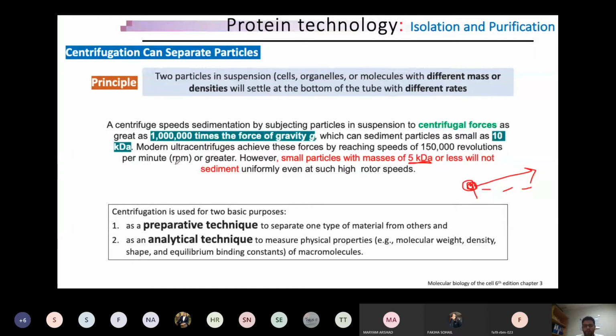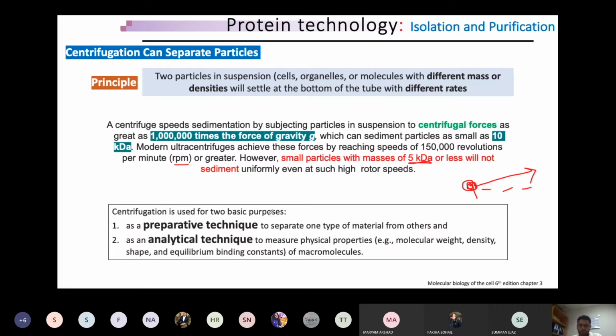These are called RPM. So this is huge, 150,000 revolutions per minute. They are spinning so quickly that it produces a large amount of force which could separate smaller molecules. But even still, 5 kilodalton molecules is not possible to do.